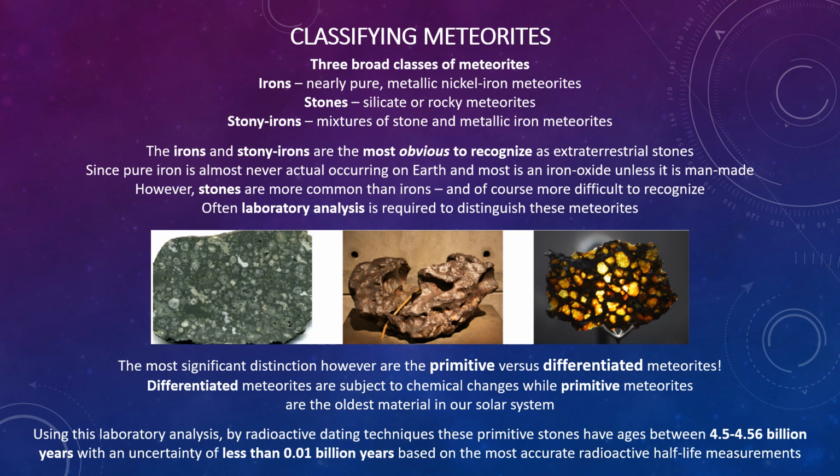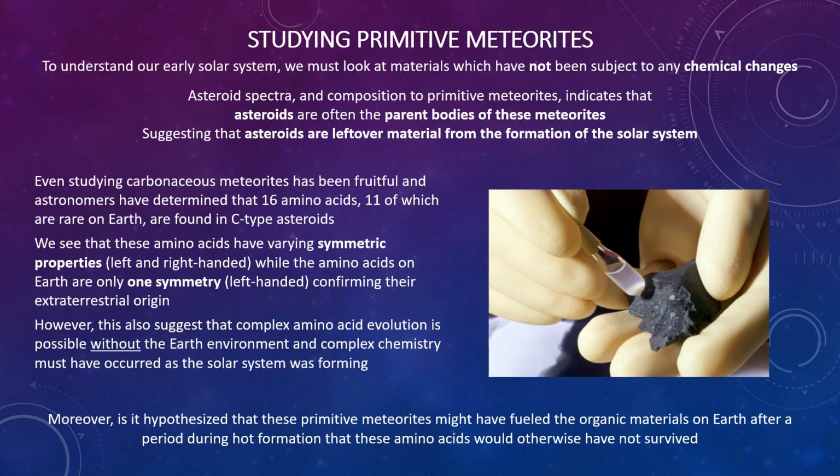So that's a pretty small margin of error. And this is based on the most accurate radioactive half-life measurements for the elements that are in these meteorites. When we really want to understand our early solar system, we have to look at these materials that have not been subject to any chemical changes, because we want to understand what it was like before things started changing.